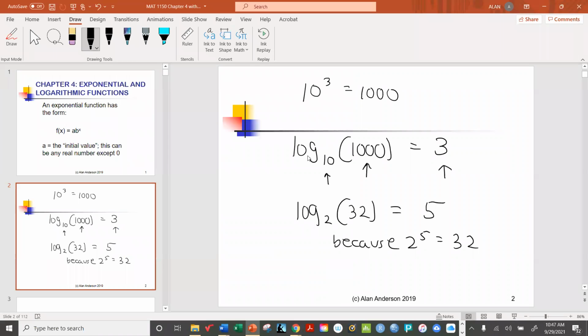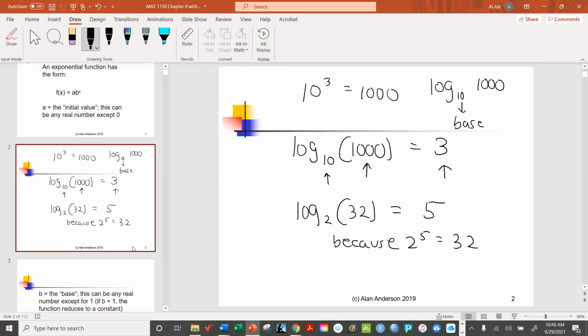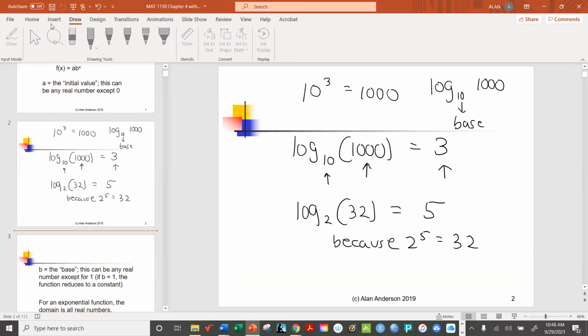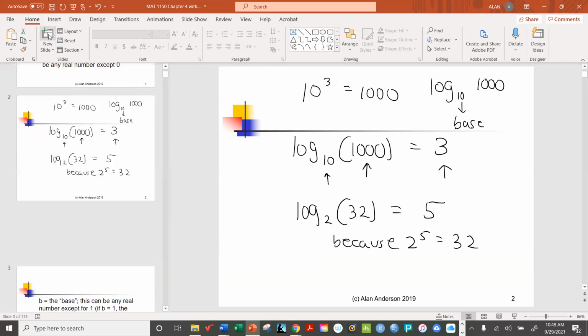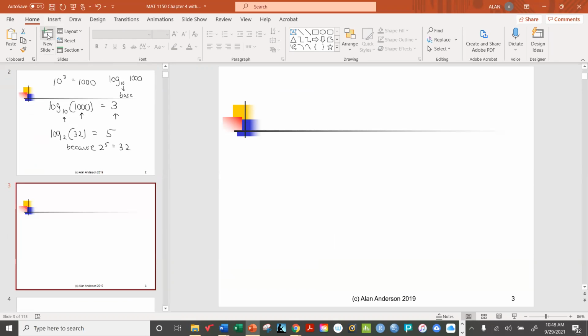So the log, and by the way, this number you're seeing here, this 10, is called the base. All logs have a base. And the base can be any number. And so we use them, it depends on what the application is. You see this used in science sometimes. For example, the Richter scale for earthquakes is a logarithmic scale.